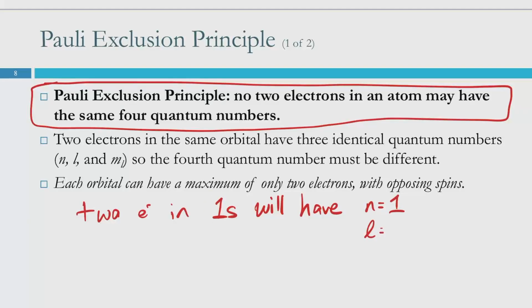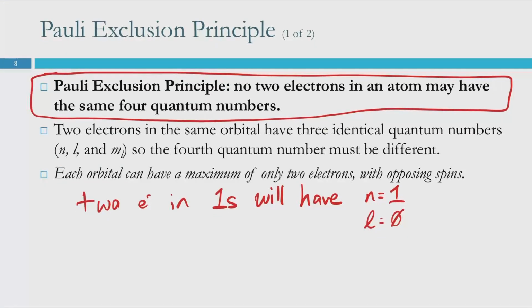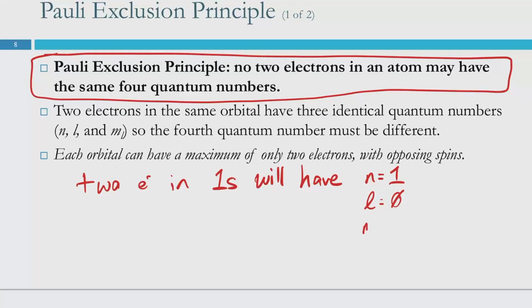S corresponds to L equals 0, which is our only L option, our angular momentum quantum number option. And then it's going to have m sub L also of 0. So both of the electrons are going to have those same 3 quantum numbers. And then the 4th quantum number has to be different. So for 1, the m sub s is going to be plus half, or the other, m sub s is going to be what? Minus a half. It has to be the other option.